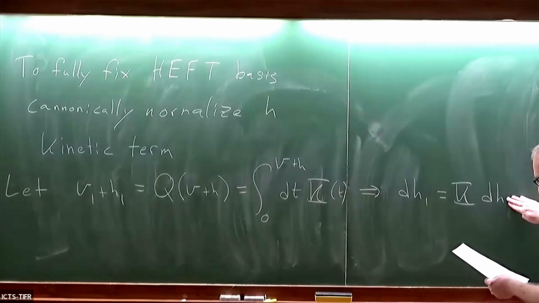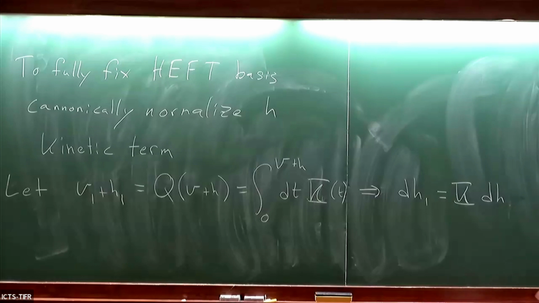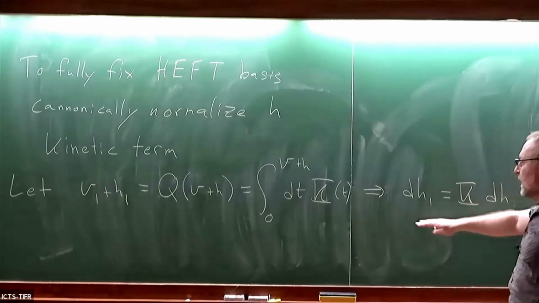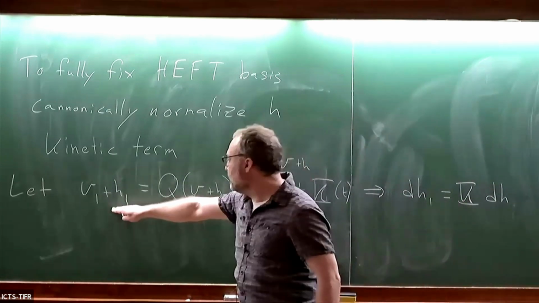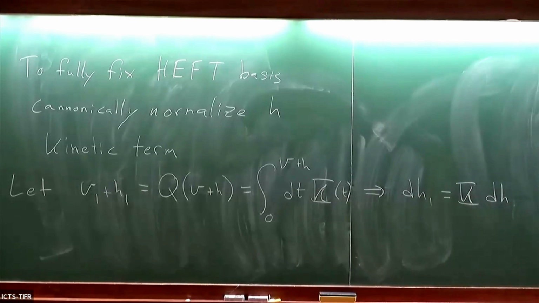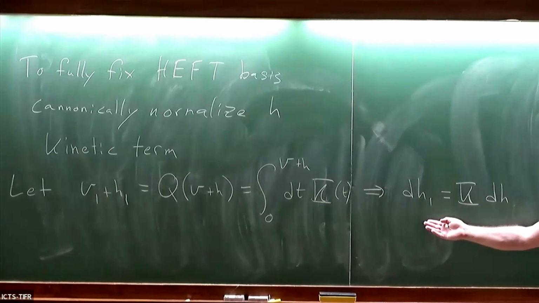Probably I mean this, there's no h2. Yeah, that looks right. So that, right, all I'm doing is taking the derivative of this formula, and so this is going to relate the kinetic term, because remember the kinetic term had k squared.